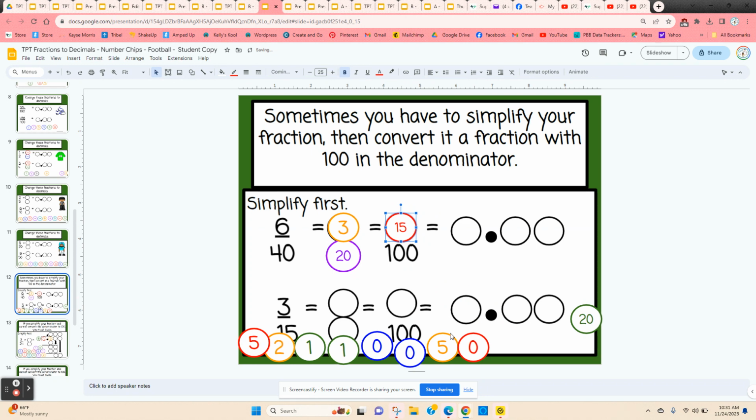So now they have 15/100ths, and then they can go ahead and convert that to a decimal. Same thing on the next problem. We're going to have to simplify first and then change it to a fraction with 100 in the denominator.